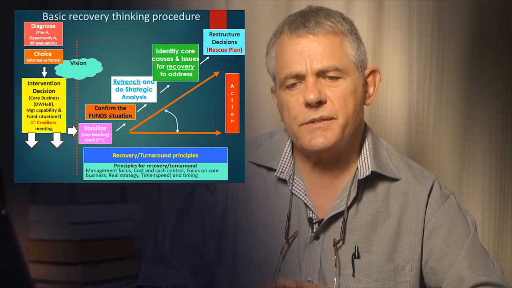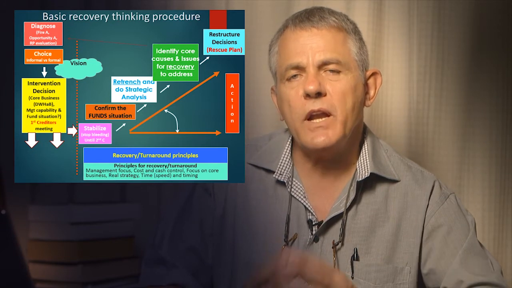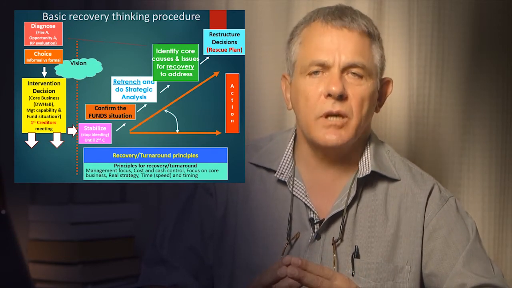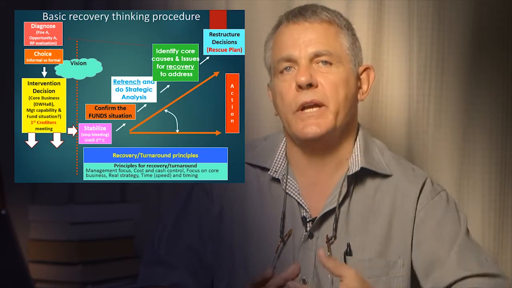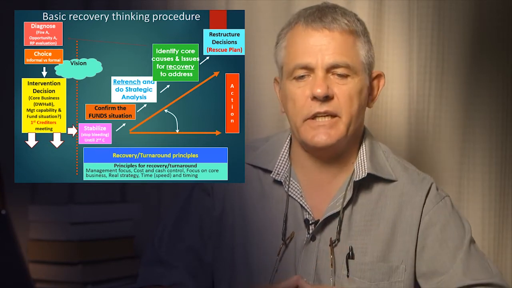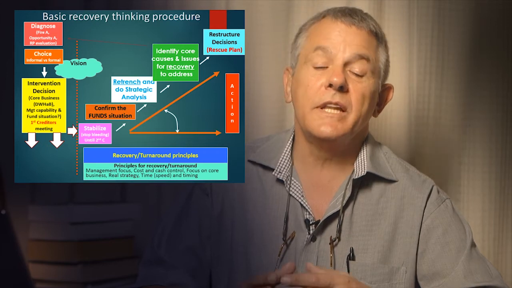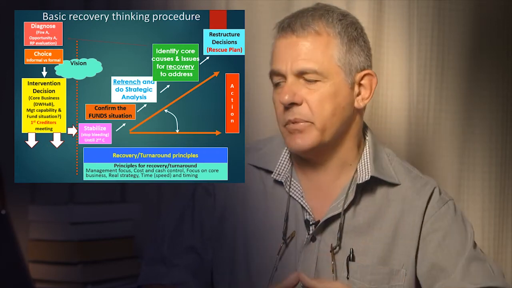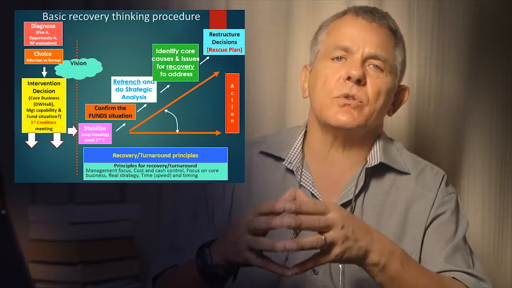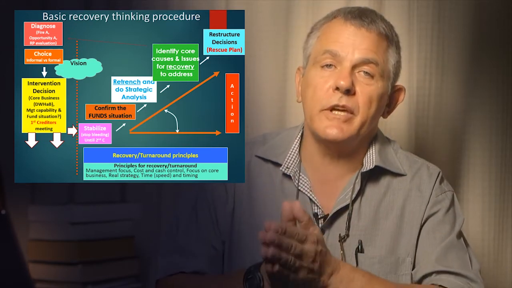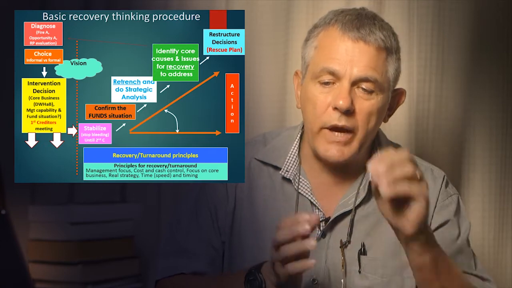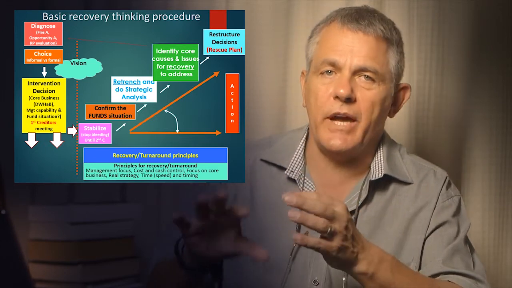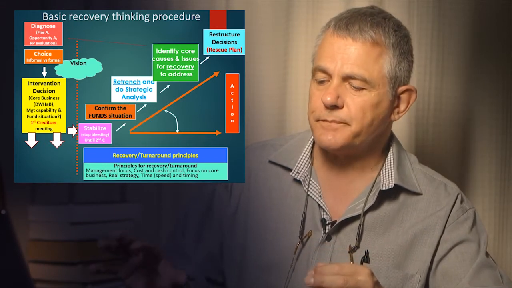The next thing is speed. And speed is important because the one thing that you do not have in a turnaround is time. So things must happen quickly. Every single day that the turnaround goes on, there's often more costs flowing out of the business. And then it's also important that you time things correctly. When you do something is very important in a turnaround. So we have those 5 principles.